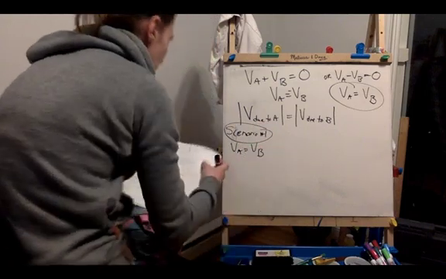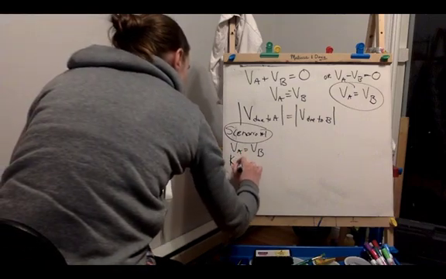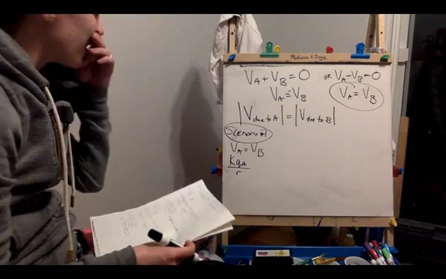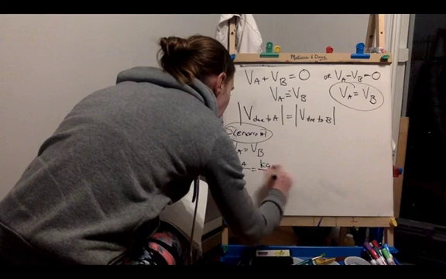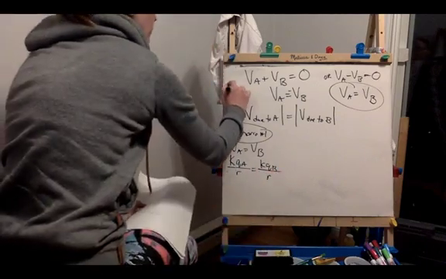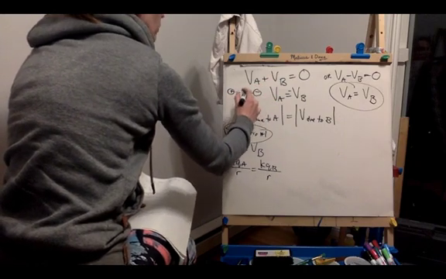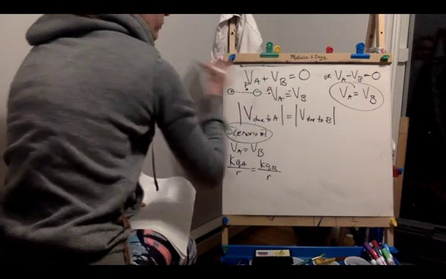VB, using the equation that we've come up with, so that's K QA over R. We don't know the distance, that's what we're trying to solve for. Remember, this one is the positive and this one is the negative, and we've said there's going to be some point here, and another point somewhere out here.